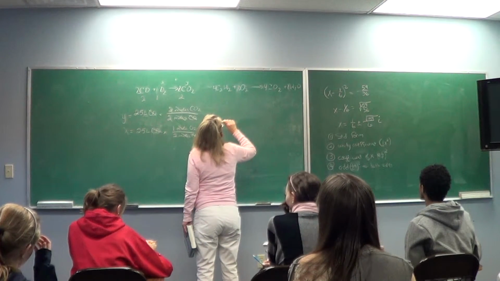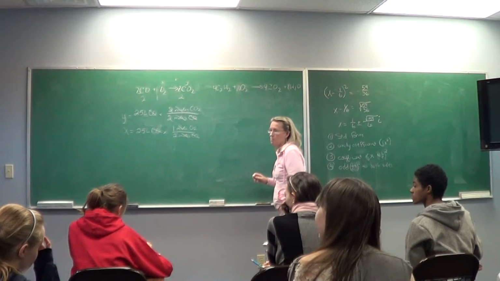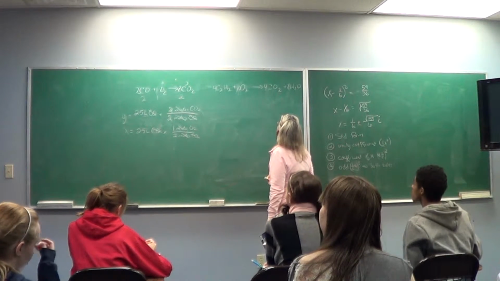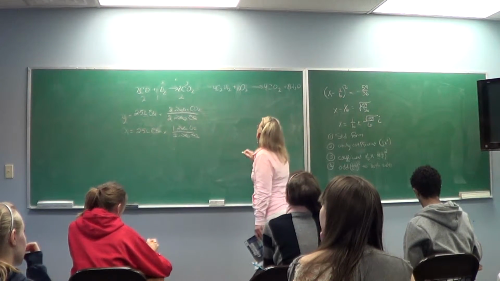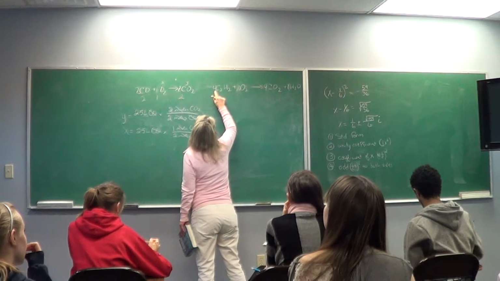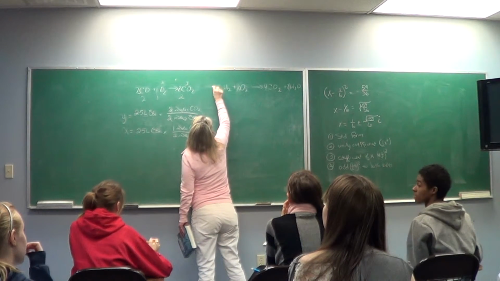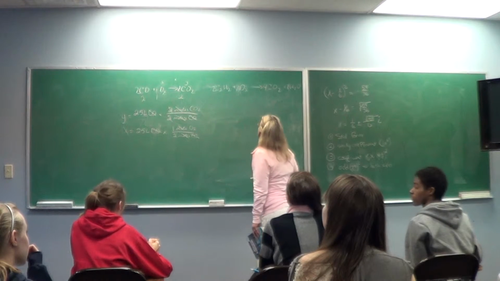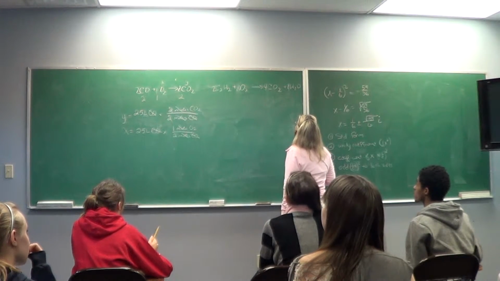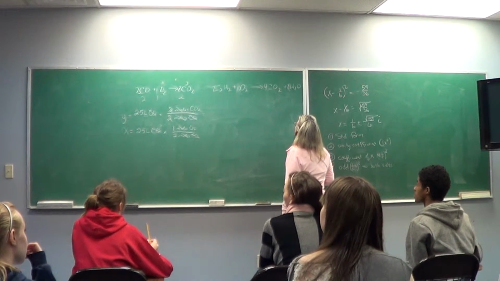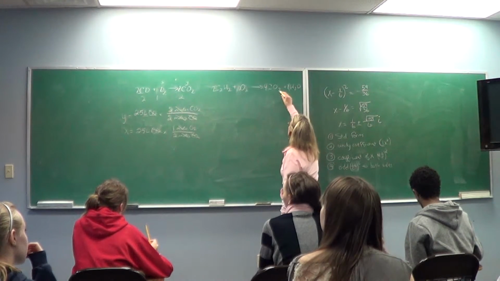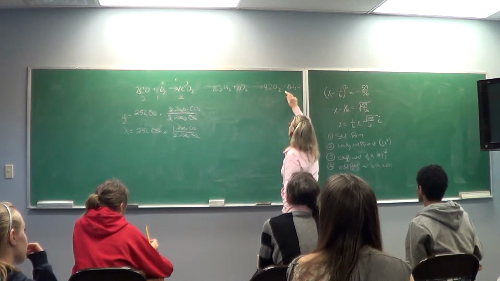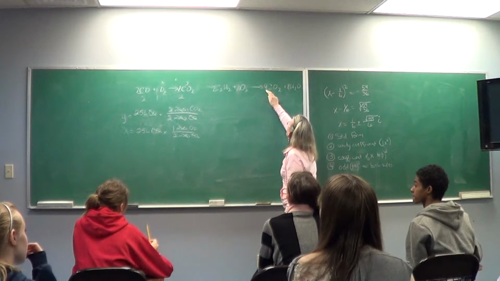Oh, I think I got it. 2C2H2 plus 5O2 yields 4CO2 plus 2H2O.